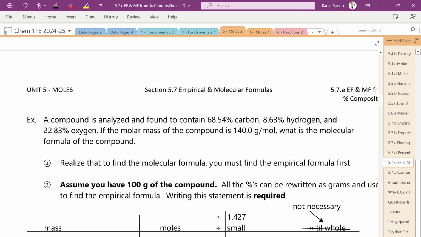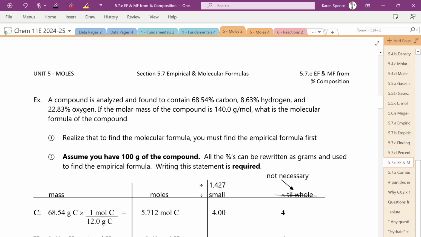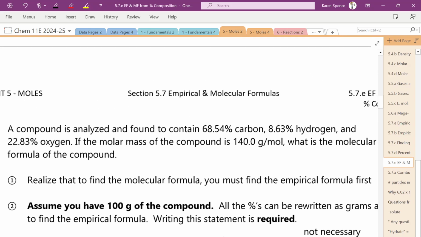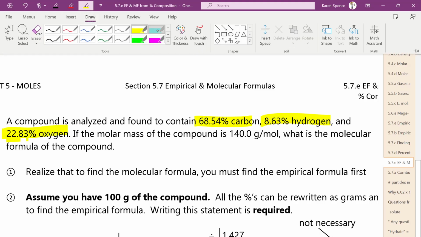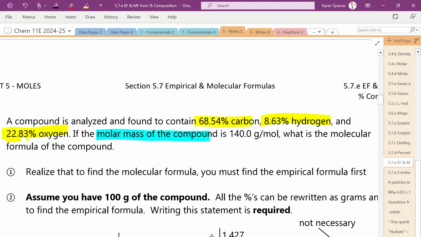Yeah? Okay. So here we have our percentages. Percent carbon, percent hydrogen, percent oxygen. We are told that the molar mass of the compound is 140 grams per mole. When it says the molar mass of the compound, what does that mean?